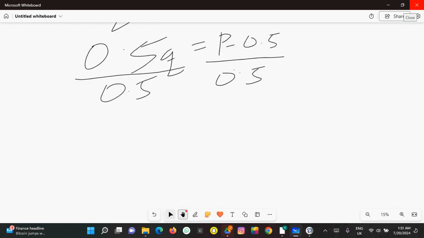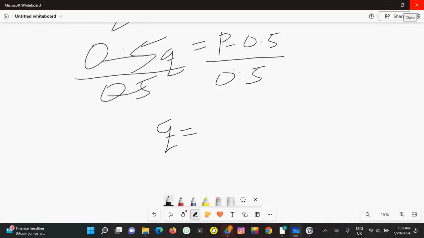So we are going to get Q equal to 2P minus 1.